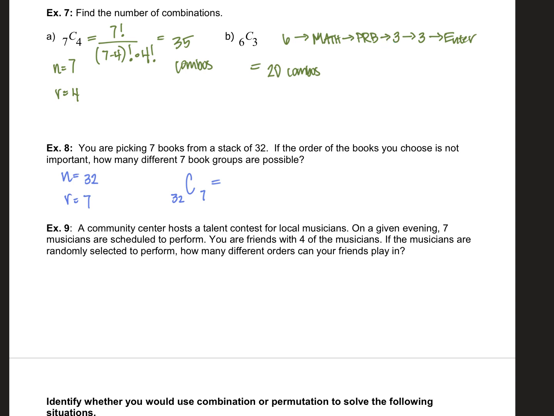Then we type in our R value of 7 and hit enter. When we do that, our calculator gives us 3,365,856 combos.